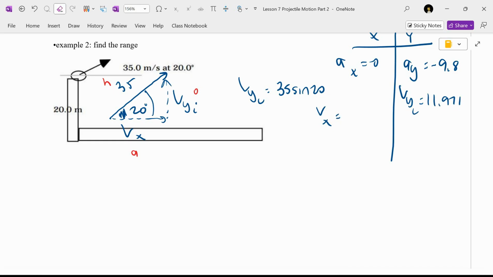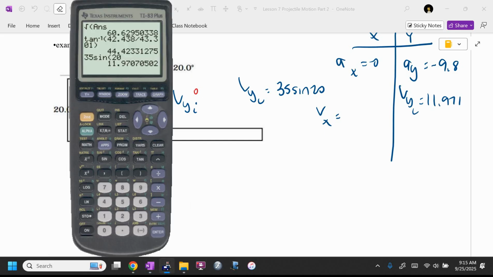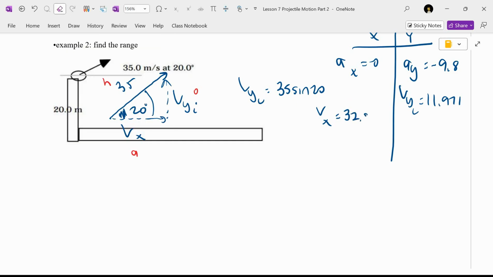Vx is going to be cosine. I can just backspace and edit. 32.889. Okay.